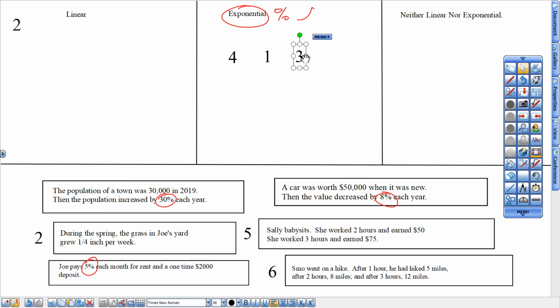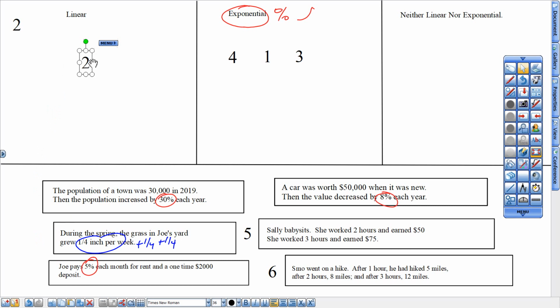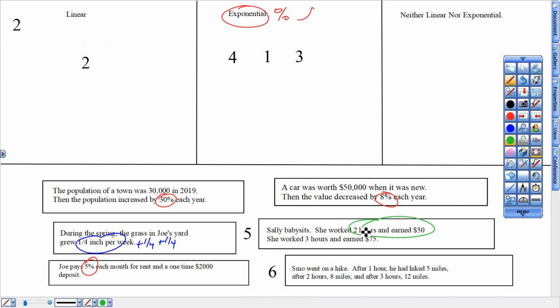All right, my next one's looking at 1/4 of an inch per week, adding 1/4, adding 1/4. That same adding 1/4 makes this for sure linear. All right, babysitter one, where I got to do a little bit of math. Taking that 2 and dividing it into that 50 to find the rate and seeing if the rate is the same.